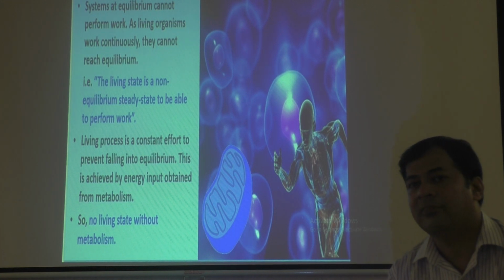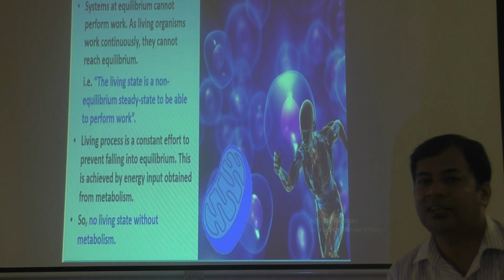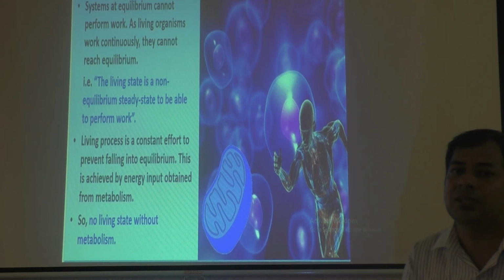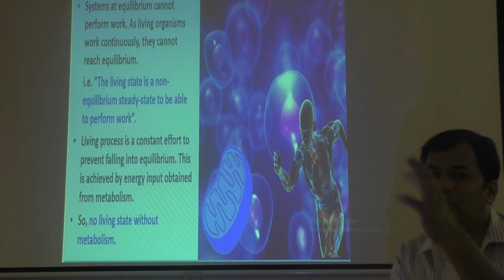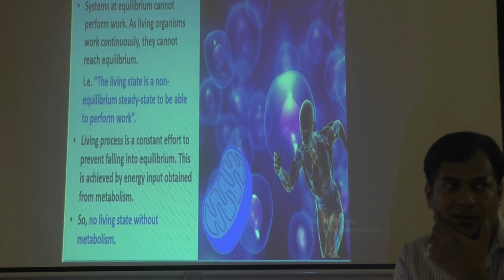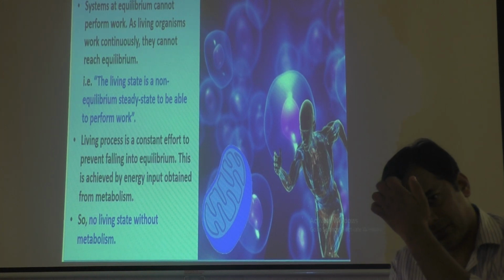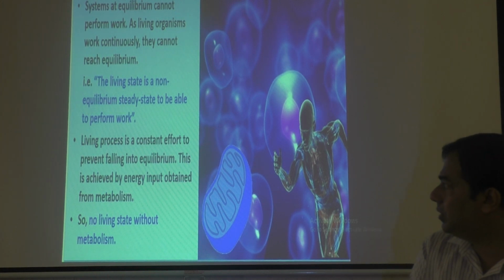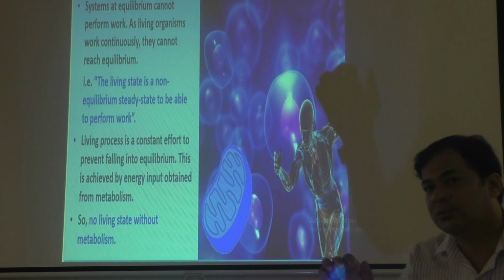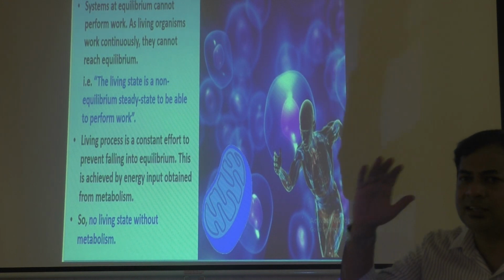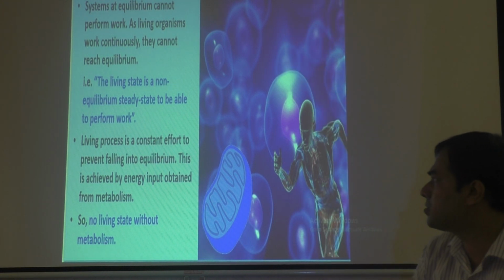Every living organism, every living body or living system tries to attain equilibrium but it is not possible. Like, we want to fill the drum completely but it is not possible. So every living system continuously tries to attain equilibrium, but it is not possible.